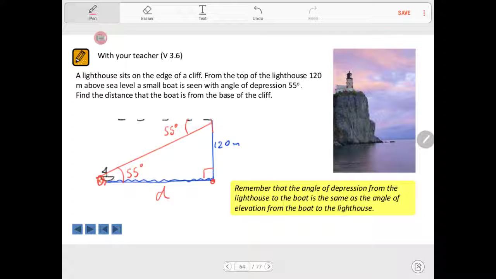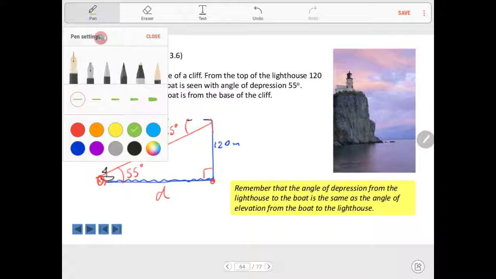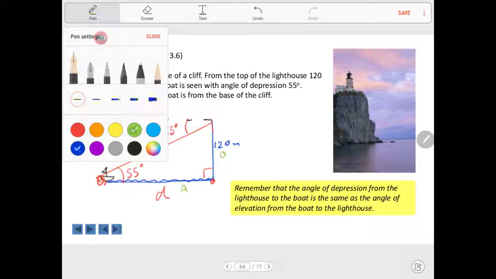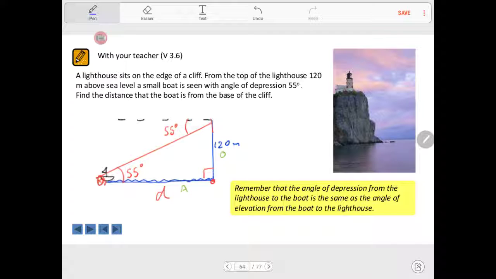Okay, so for this one, we label the sides of the triangle as usual. We've got the opposite and we want the adjacent. So we're going to use tangent here. So tan of 55 degrees is equal to the opposite, 120, over the adjacent, which is our d for distance.